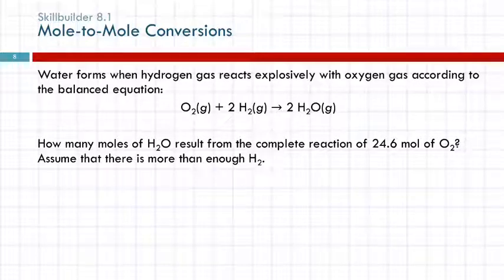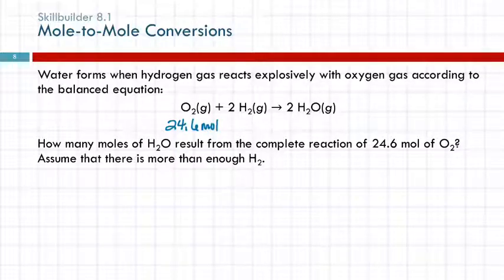I like to use the balanced chemical equation to organize the numbers, right? So I look at the number that I'm being given, 24.6 moles of what? Of oxygen. So I'm going to write this under oxygen, 24.6 moles.